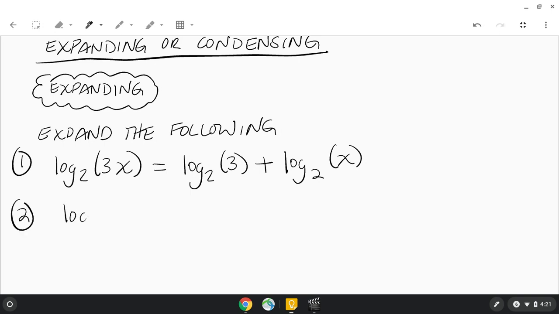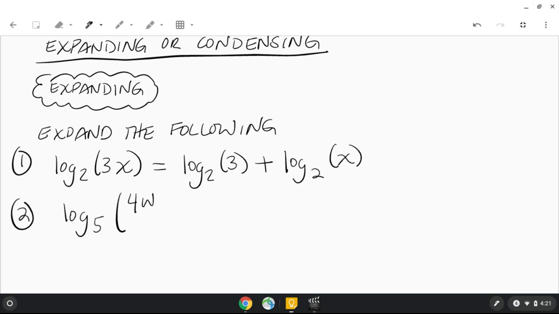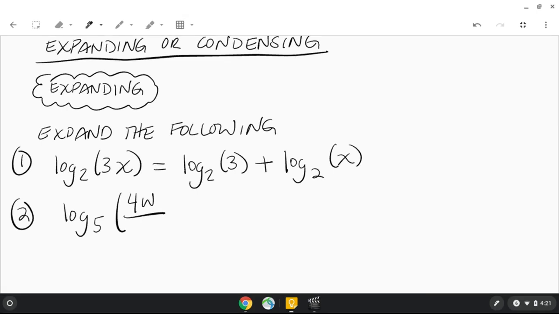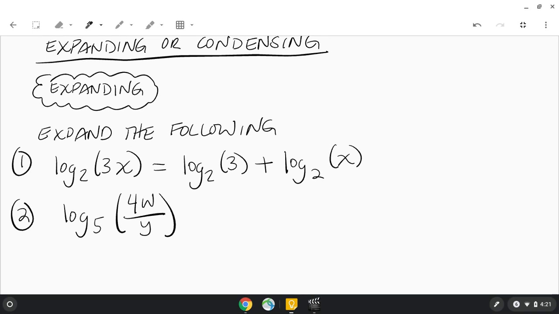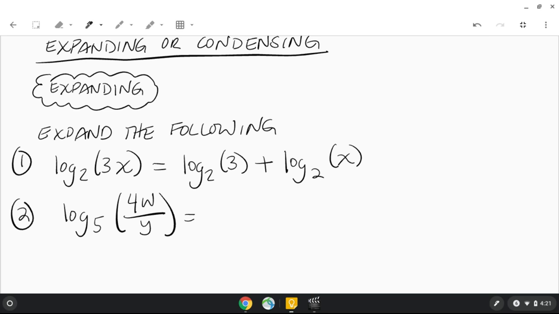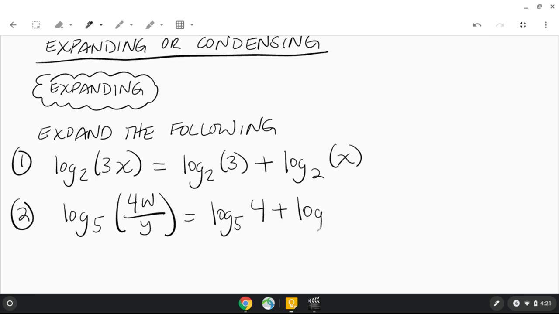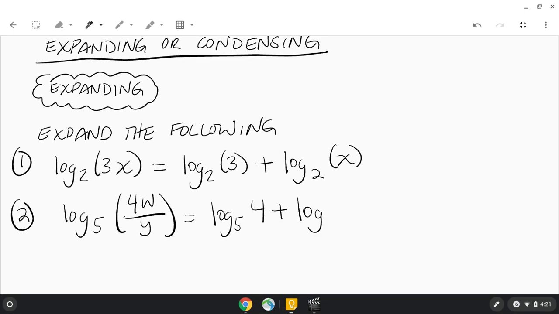Let's have a look at this next one. Log base 5. Suppose that I have a multiplication, so we know we'll have addition in our answer. And then I also have a division. So you'll have an addition for the top, and then you should have a subtraction for that denominator. So we're going to have log base 5 of 4, and then that w is also in the numerator, so we'll have plus log base 5 of w.